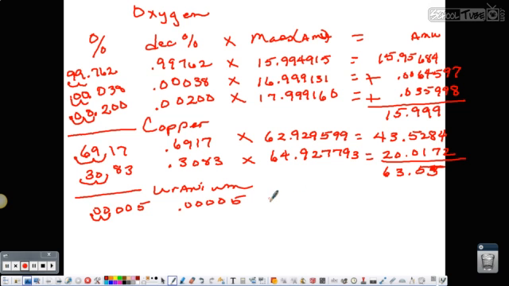Then we multiply that times a big number, 234.040947. When we multiply that out, we get a pretty small number, 0.01170.